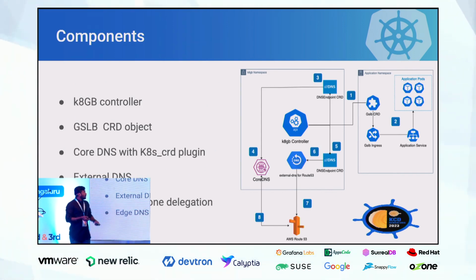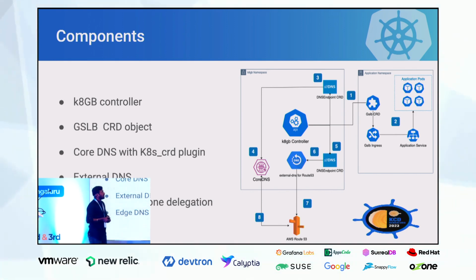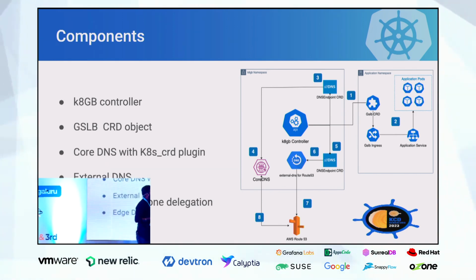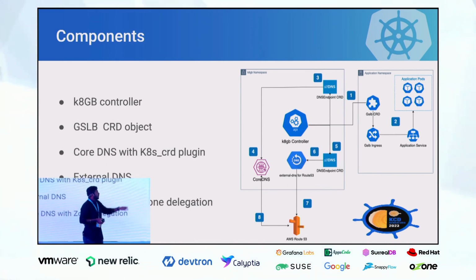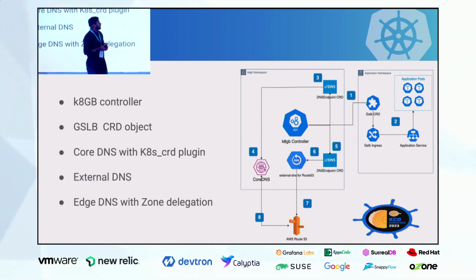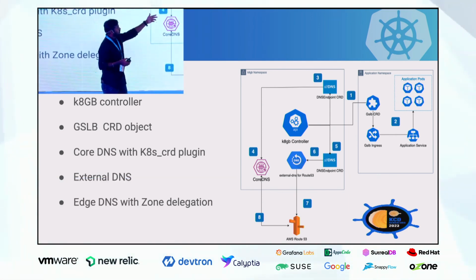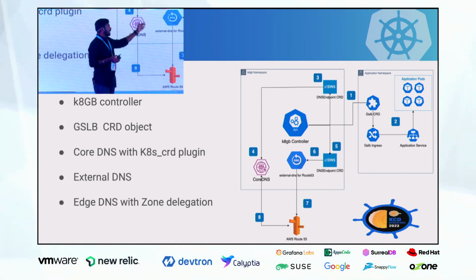This is the architecture, how it looks when KGB is installed. You have an application pod, and if you want to expose it to the external world, you create an ingress object. In this case, you create a GSLB CRD object that in turn creates an ingress object.